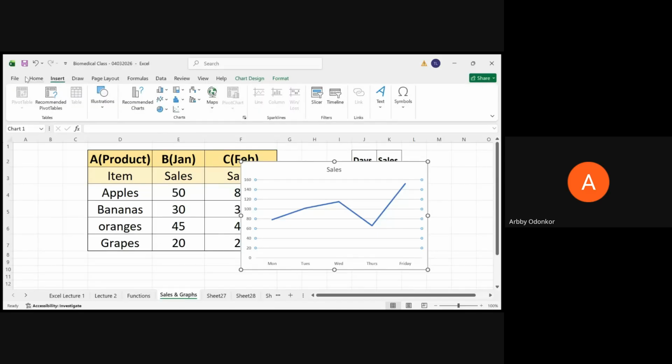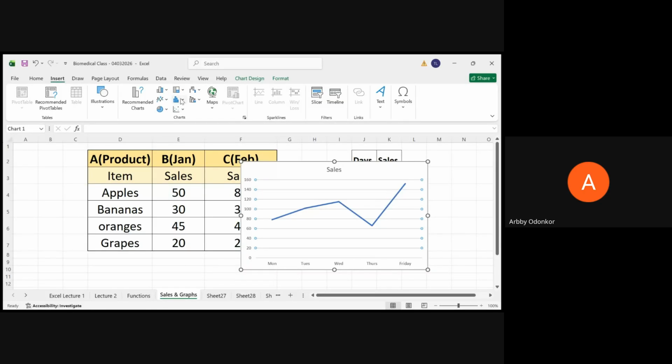If I go to insert, you see the charts group. We have different kinds of recommended charts. This one is a pie chart. This one is scatter. This one is column or bar chart.